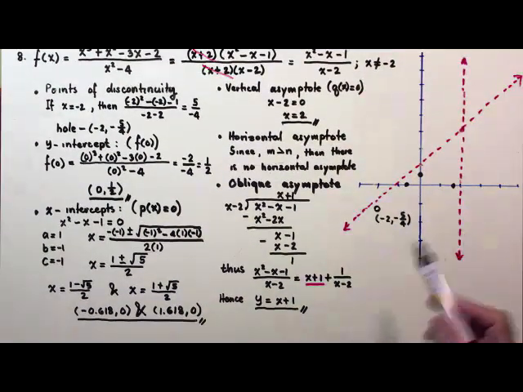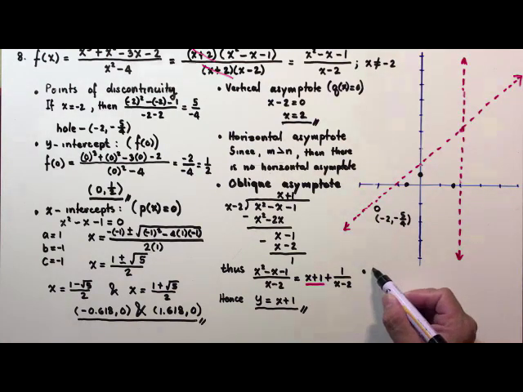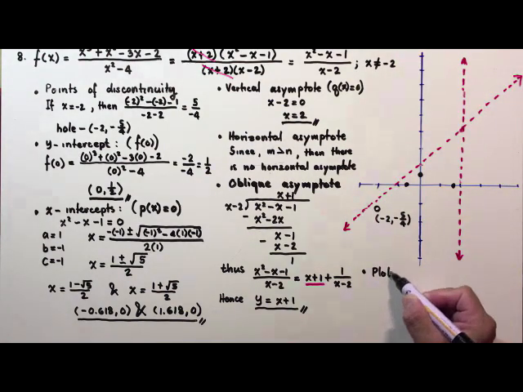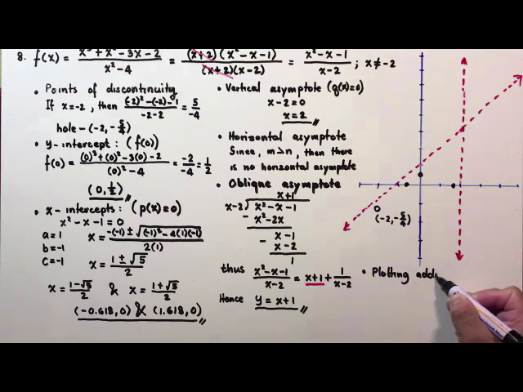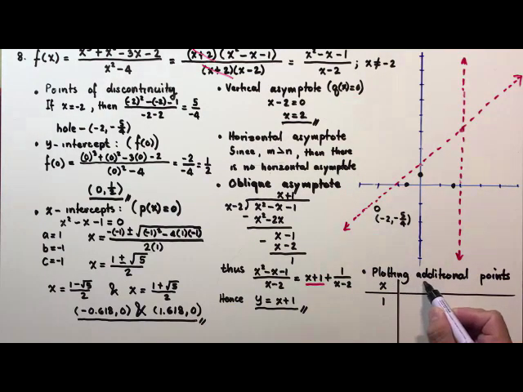So to have a good picture of how the graph of this rational function behaves, let us plot some additional points. I want to see where the function is at x equals 1. So if your x is 1, what is the value of the function?